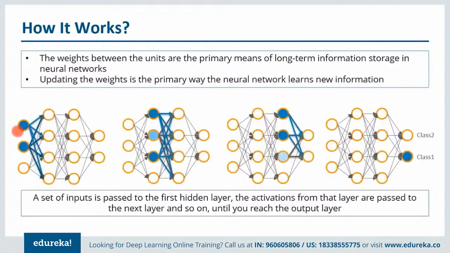Now a set of inputs is passed to the input layer, and the output of this input layer is passed to the first hidden layer. Then after the activation function of the first hidden layer, the output is passed to the next hidden layer as the input, and similarly finally we get the output. Now you must be thinking how the model learns from here. Basically the model learns by updating the weights, and the algorithm that it uses is called backpropagation.